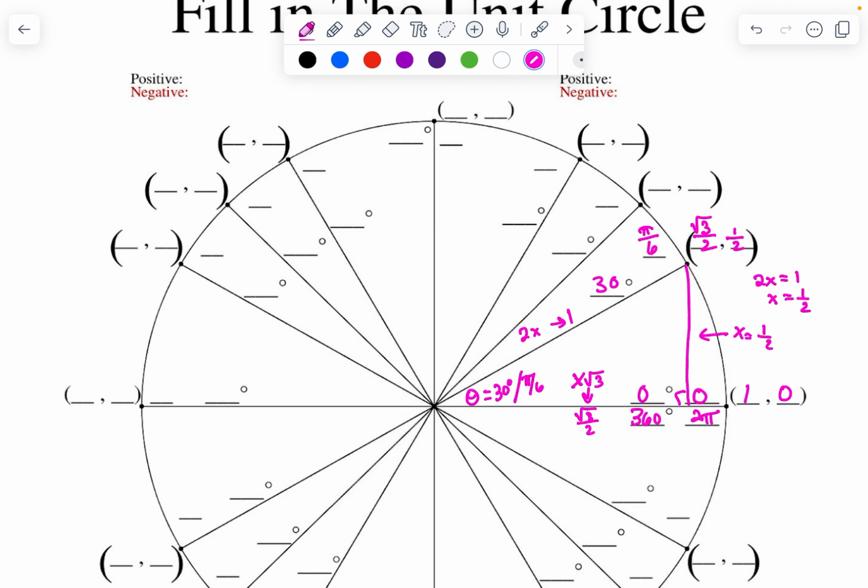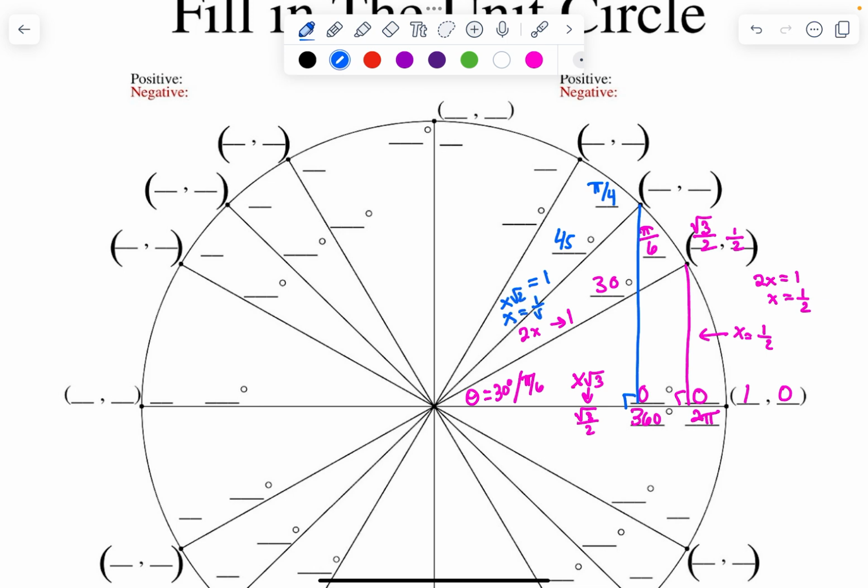The next one, so if we come up here, we have a 45-degree angle, which is pi over 4 in terms of radians. And so now, if we think about drawing in our right triangle, again, this is 1, and in a 45-degree right triangle, we know it's isosceles. So 1 has to equal x times the square root of 2.